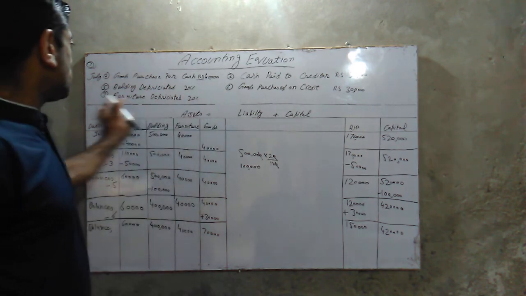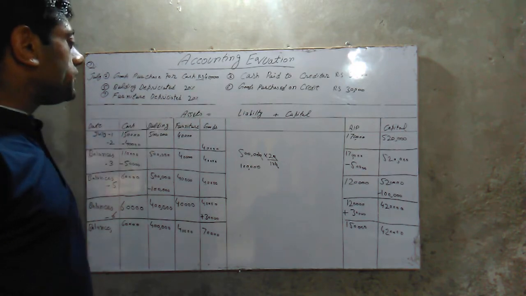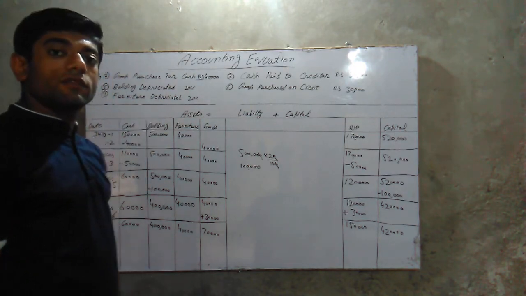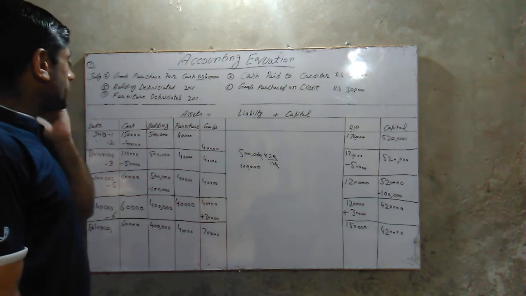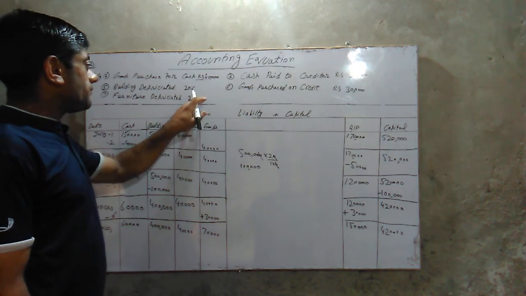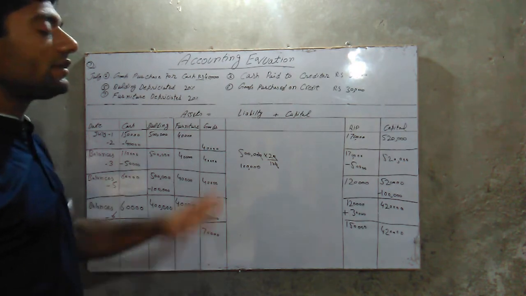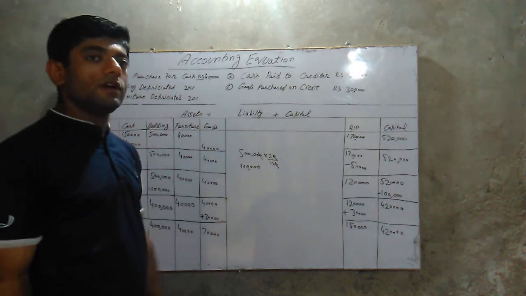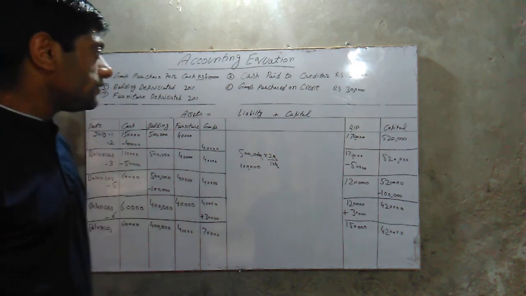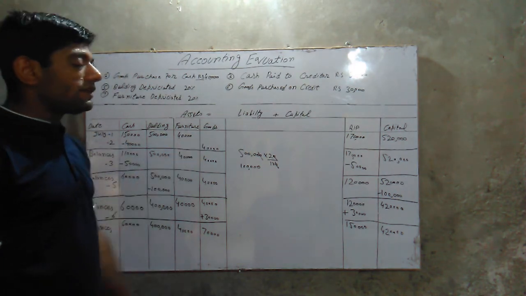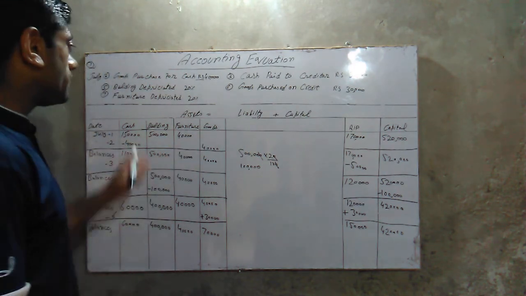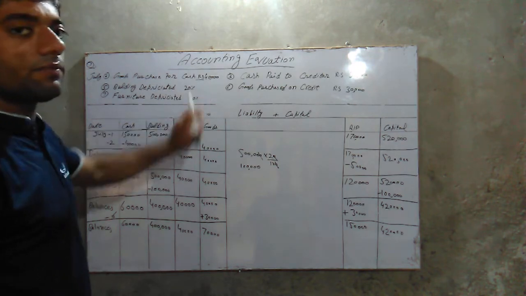So next, furniture depreciated 20%. Furniture also depreciated 20%. It means furniture value is reduced by 20%. So furniture decreases and our owner's equity also decreases. So it's a business loss, a business expense.